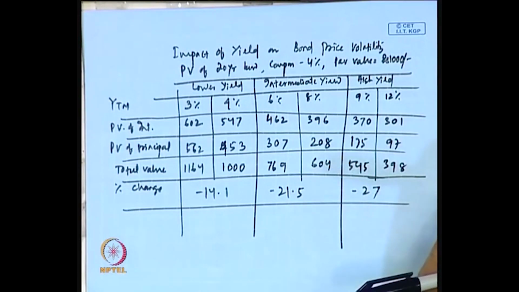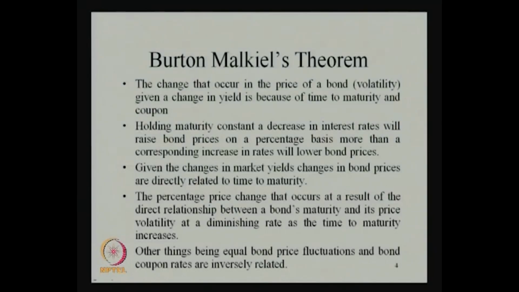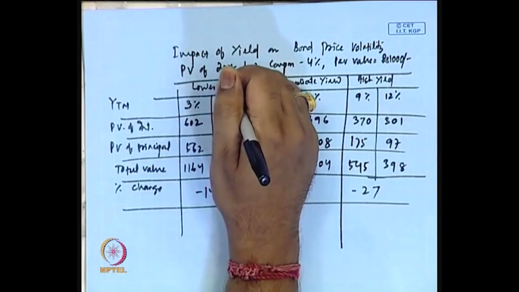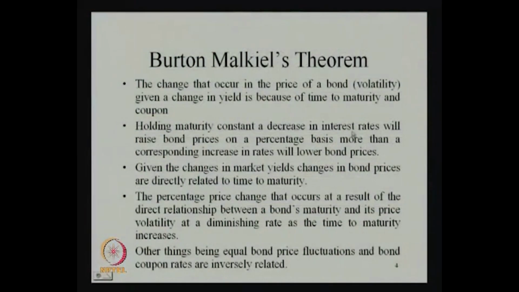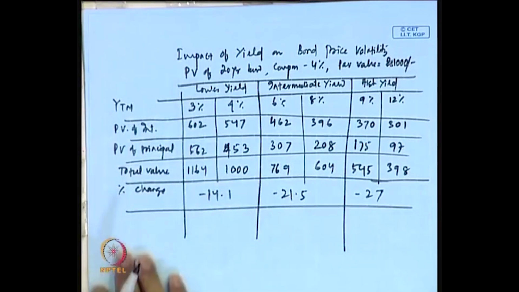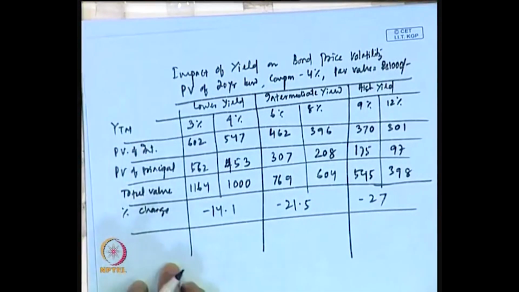So, what we have observed here is that, holding maturity constant, your maturity is 20 years, a decrease in interest rates will raise bond prices on a percentage basis more than a corresponding increase in rates will lower the bond prices. So, once we observe these things, these are the different ways through which the bond price volatility works.